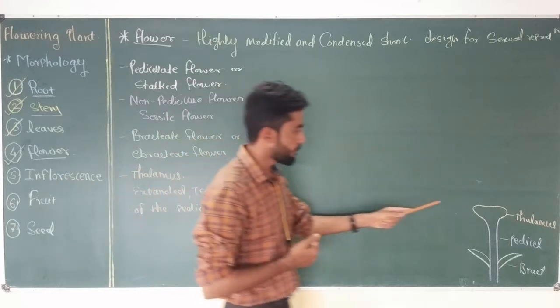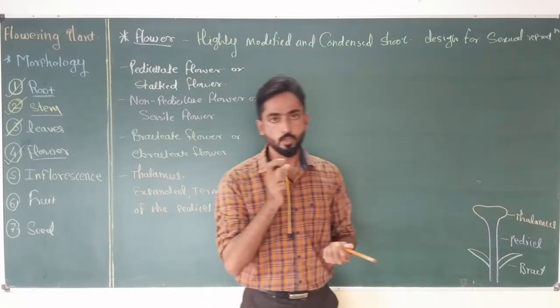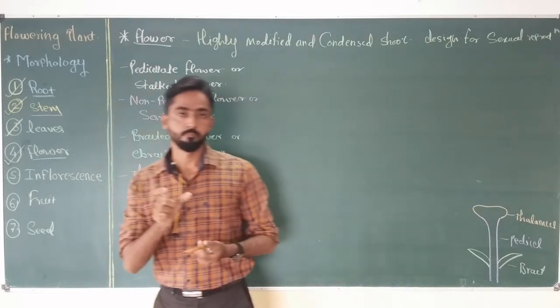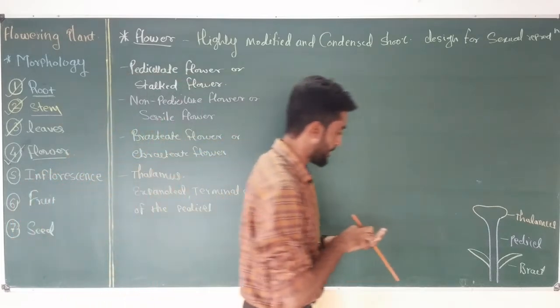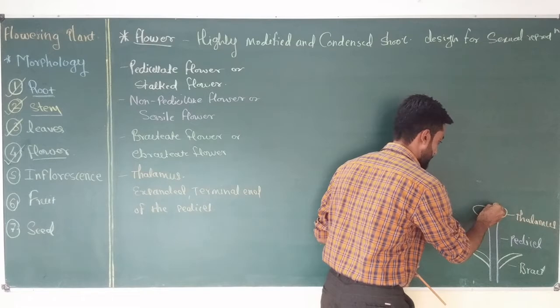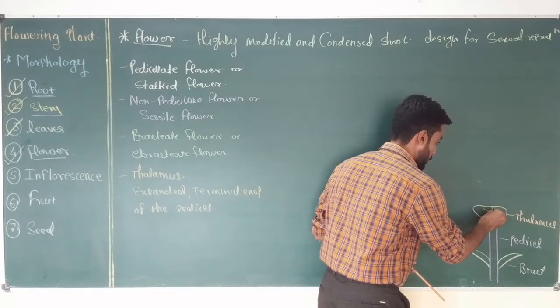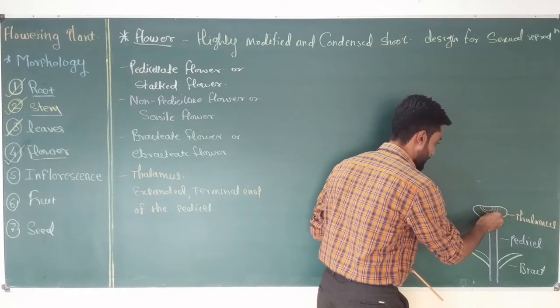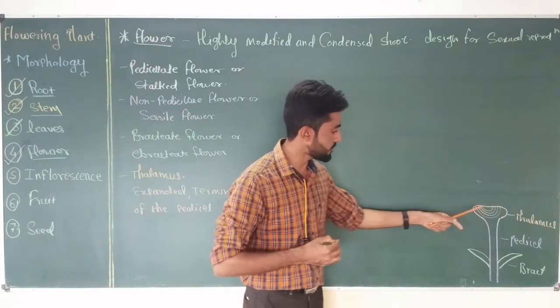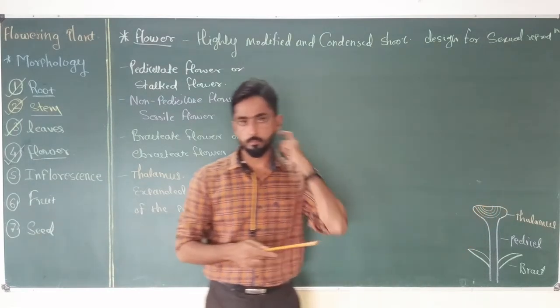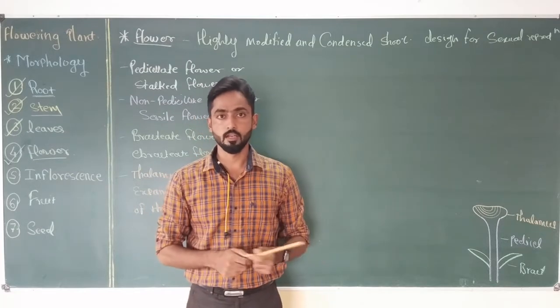If you observe the thalamus carefully, you can easily see 4 different rings or nodes present in it. So the thalamus contains 4 compressed, condensed nodes, which are ring-like structures, and from each node one floral part arises, which is called a floral whorl.